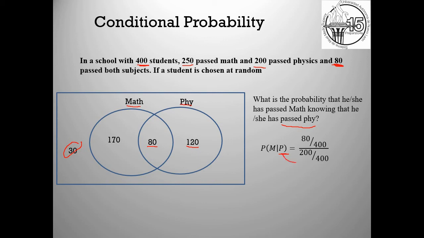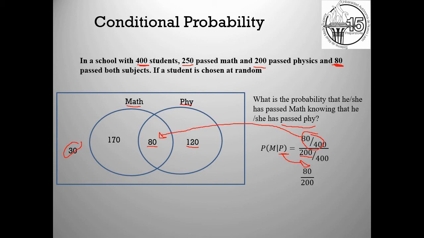The known event is at the lower part, and in here we take all the students, the 200. And we have the intersection in here, the part that is common in both events. 80 out of 400 divided by 200 out of 400.